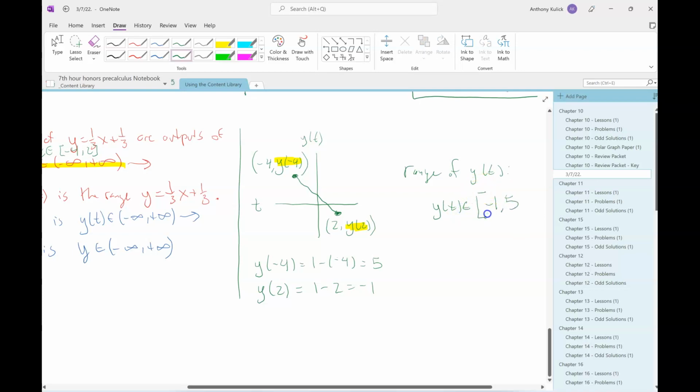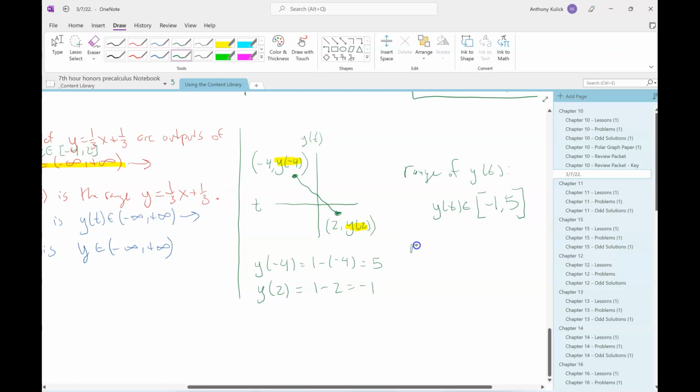And since -4 was included, had a bracket on it, the coordinate 5 that comes from -4 gets a bracket. Likewise with the -1.